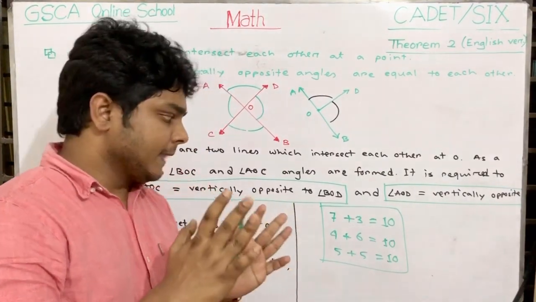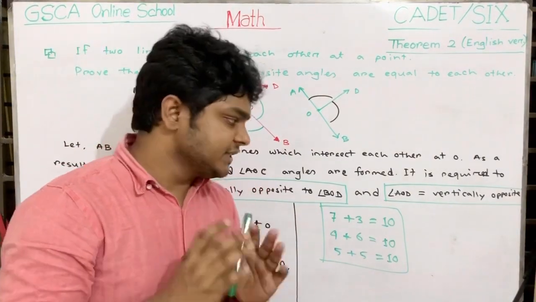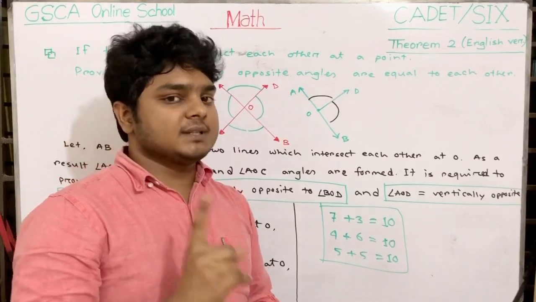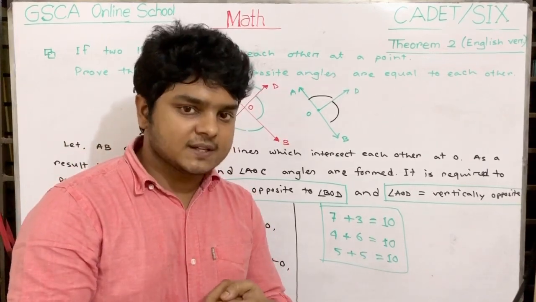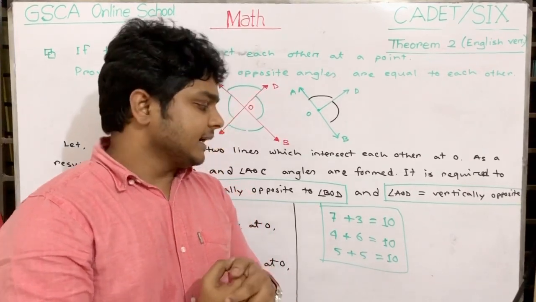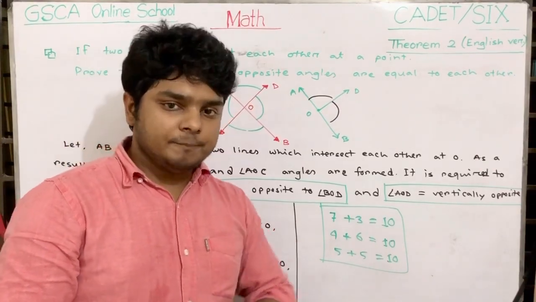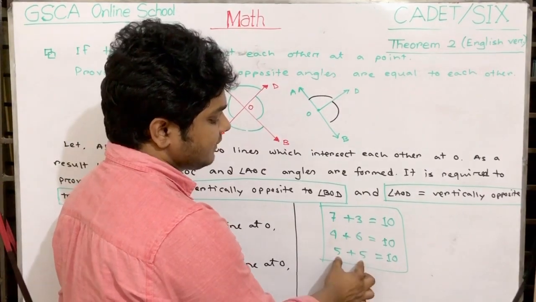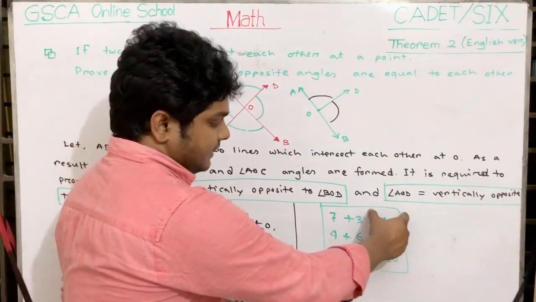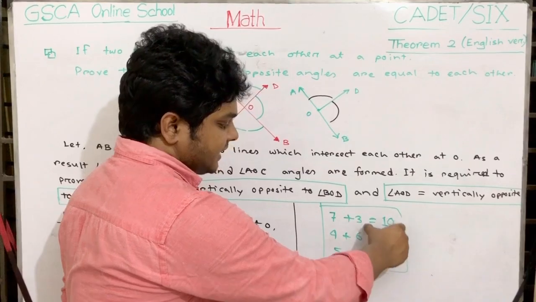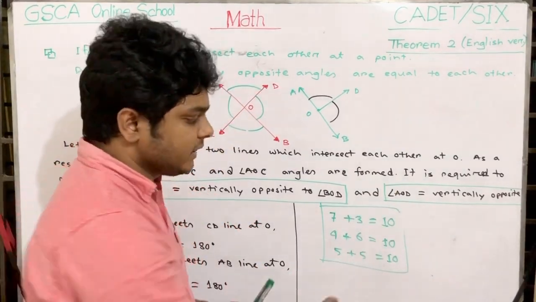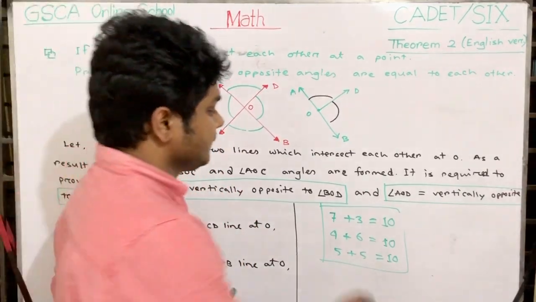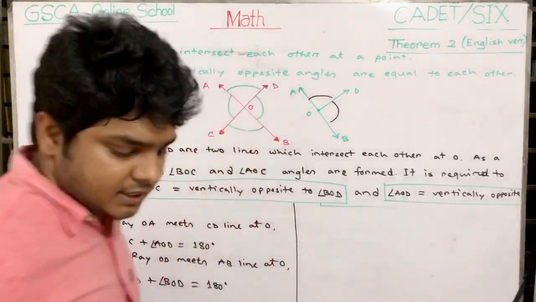Always remember this: among the equations, if one side is equal, then the other side will also be equal. Here 7 plus 3 is 10, 4 plus 6 is 10, 5 plus 5 also 10. For the right side being equal, the left sides will also be equal.